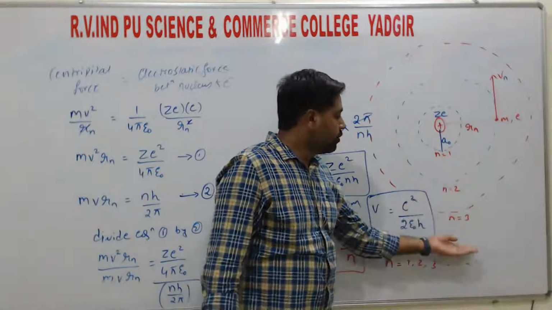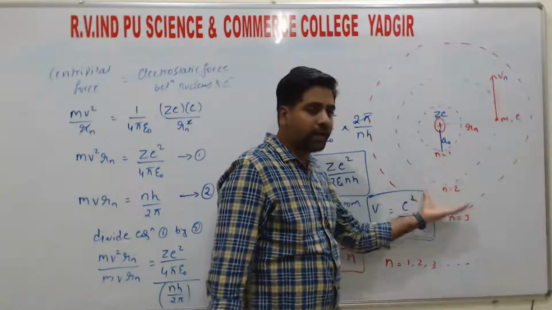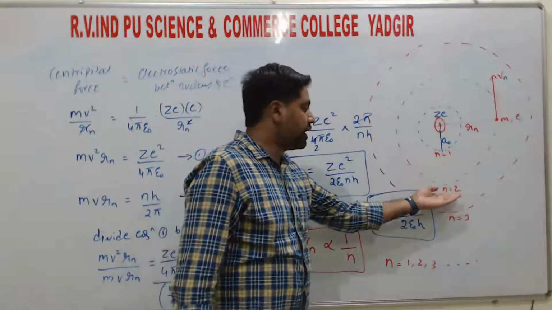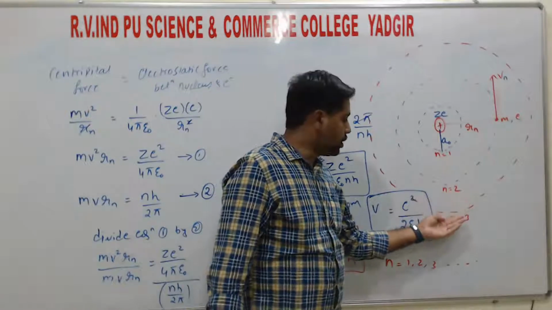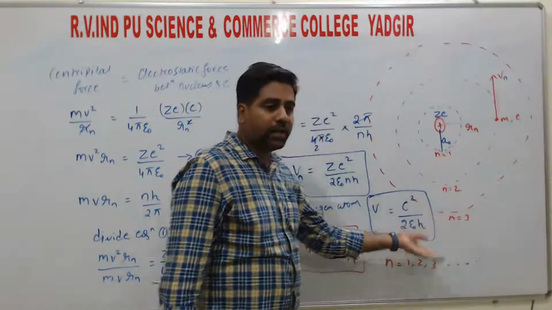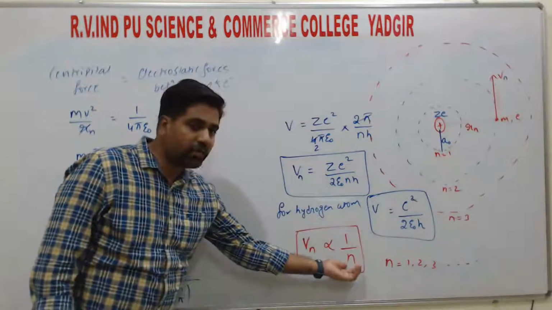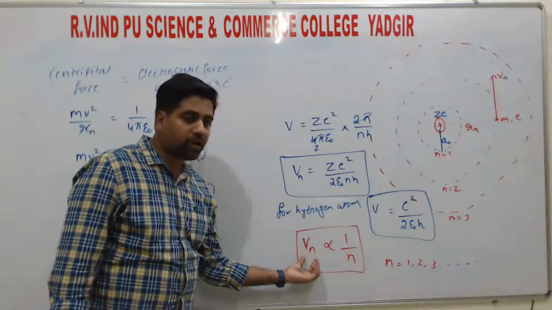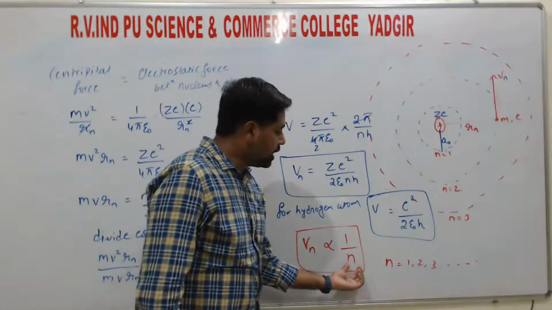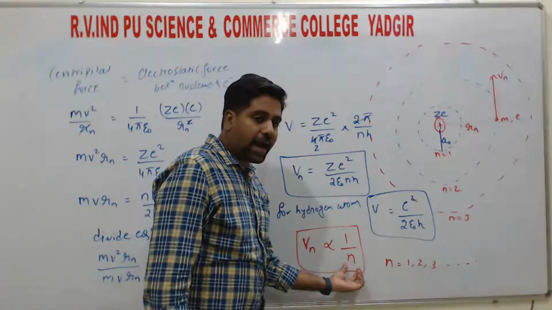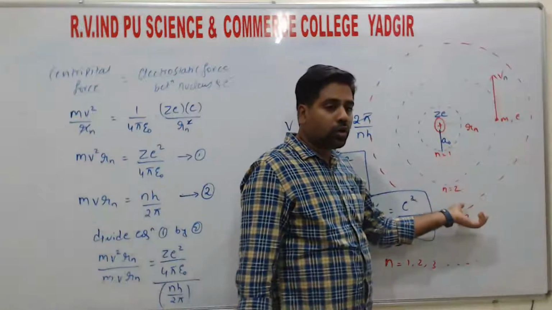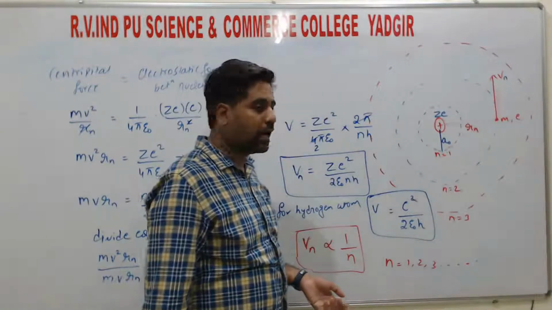If any atom has more than one orbit, then we can name them n equals 2, n equals 3, 4, 5, like that, right? So as n value increases, it is inversely proportional to the velocity. That means the velocity of the electron in that orbit goes on decreasing, right?